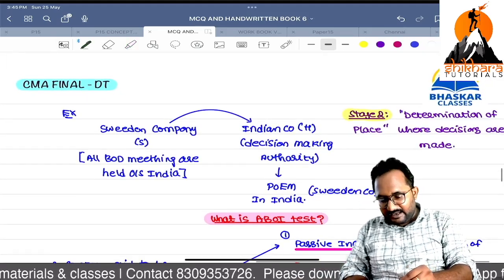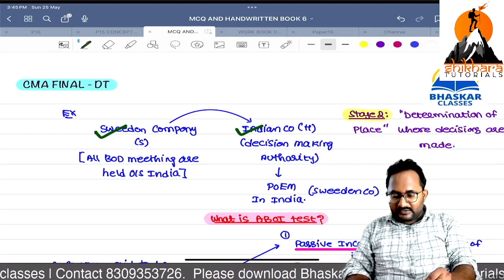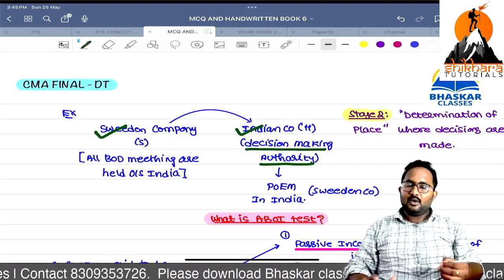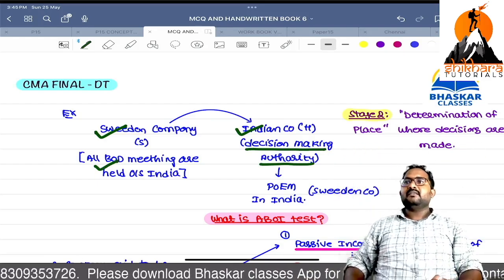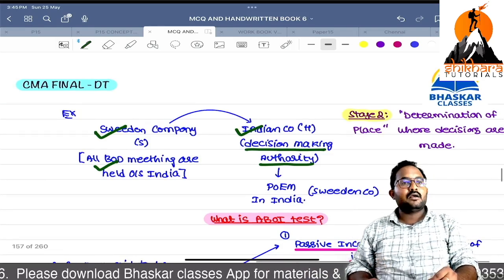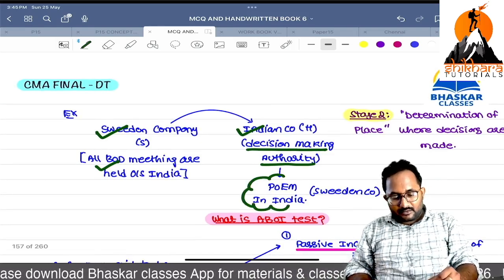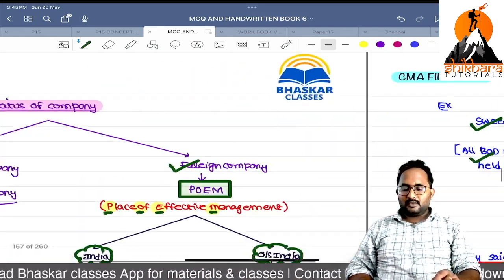One Sweden company is there, it is a subsidiary. The Indian company is a holding company. Now who makes decisions for the Sweden company? The holding company. So all board meetings are held outside India, and they satisfy the ABOI test also. But who is the decision maker? For that Sweden company, POEM is always situated in India.